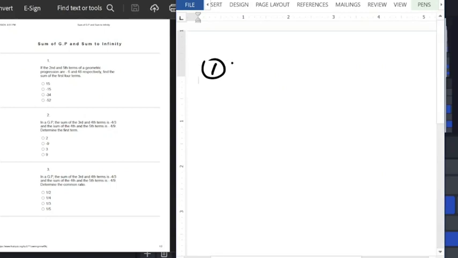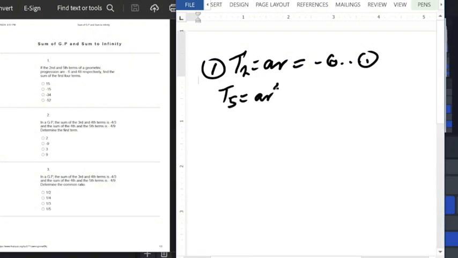So the second term of the GP, using the nth term formula, T2 equals AR raised to power 1, so AR equals -6, equation 1. Then the fifth term, T5, equals AR raised to power 4 equals 48, equation 2. Then find the sum of the first 4 terms.